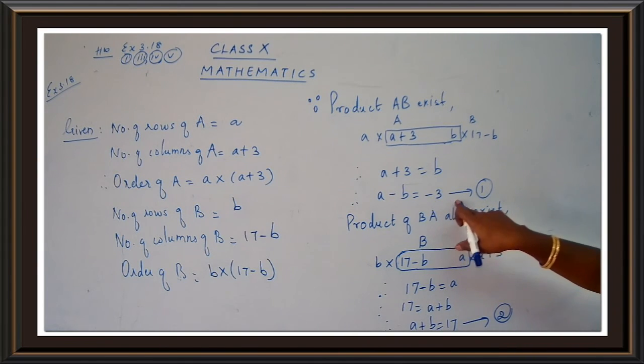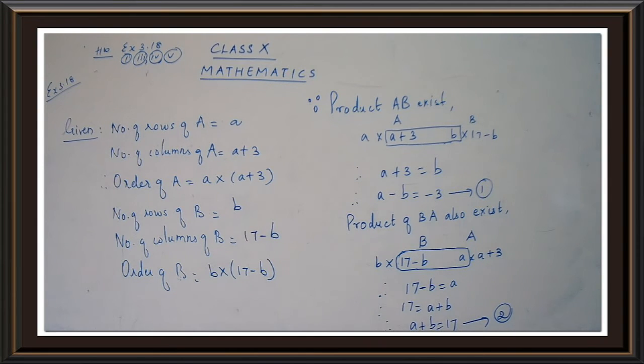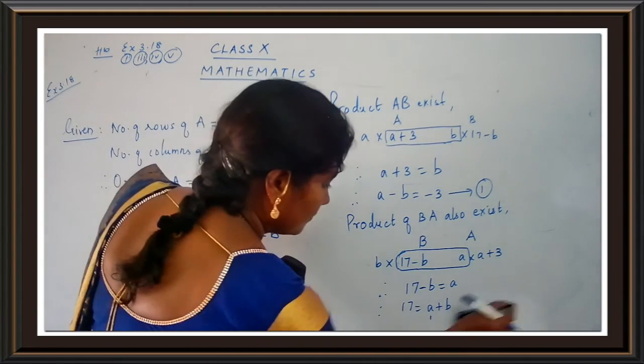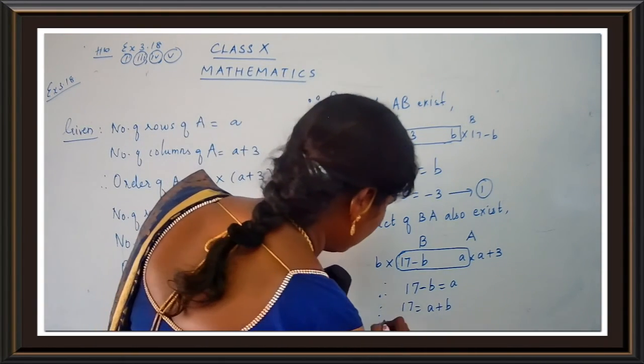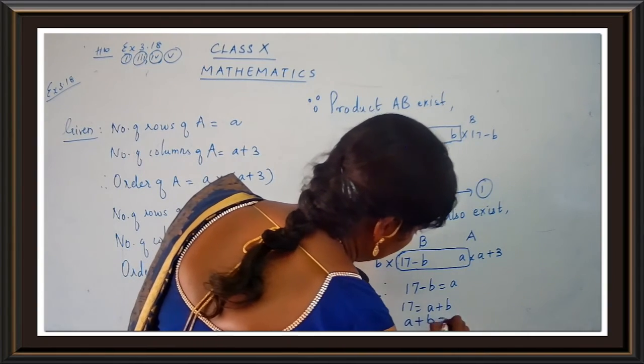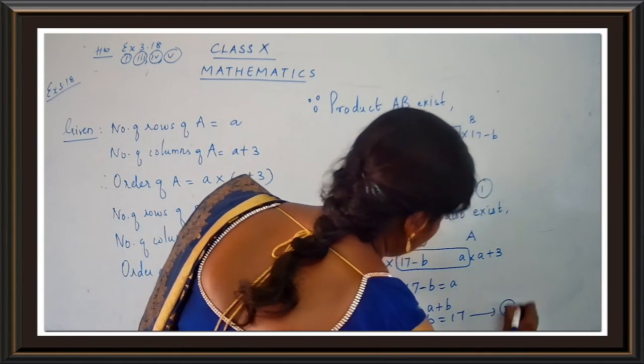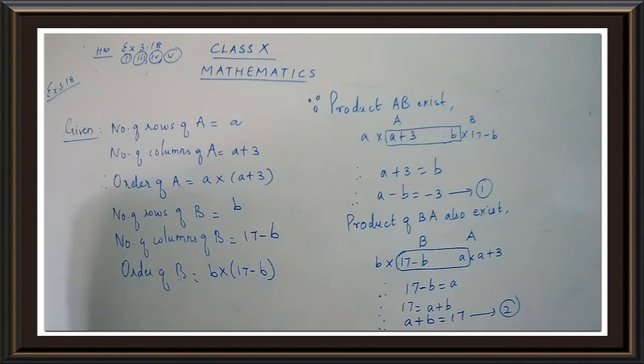So first condition, first equation, we have got A minus B is equal to minus 3. And second one, I have got A plus B is equal to 17. Have you completed the work, children? Are you clear with the statements? So 1 and 2.